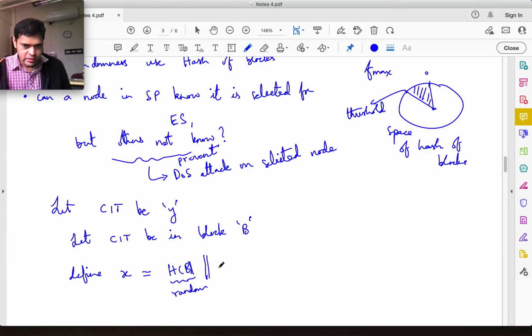And we concatenate Y, which is the CIT, and we concatenate the round number I. So X is typically going to change for every CIT, and for every round it's going to change. So this X is, I would say, a pseudo random number.